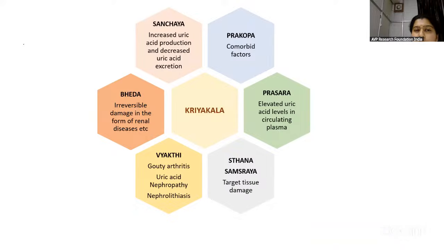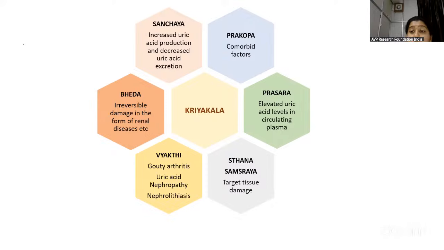Now, these are the stages where we intervene. In our concept, every disease has a particular Kriya Kala. Kriya means Chikitsa and Kala means the time of intervention. The time of intervention of this disease can be classified into six: Sanchaya, Prakopa, Prasara, Sthana Samshraya, Vyakti, and Bheda. Sanchaya is the stage where you have increased uric acid production and decreased uric acid secretion.